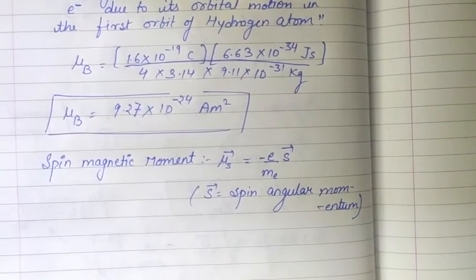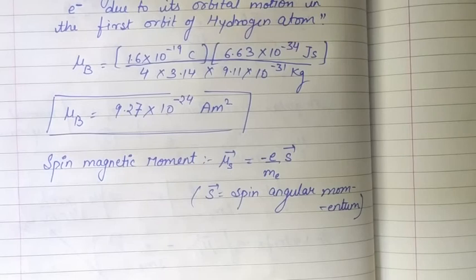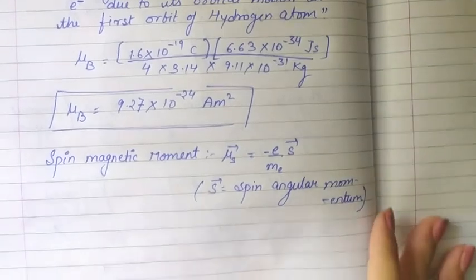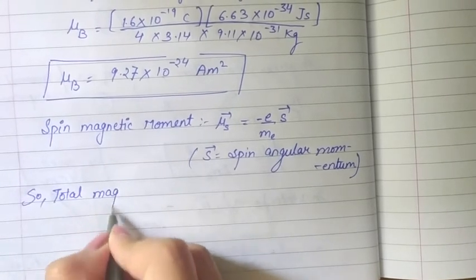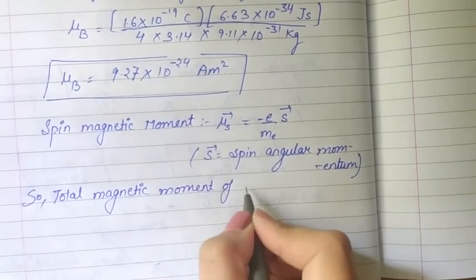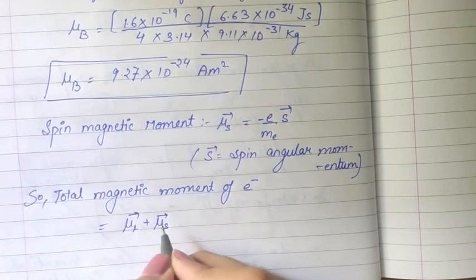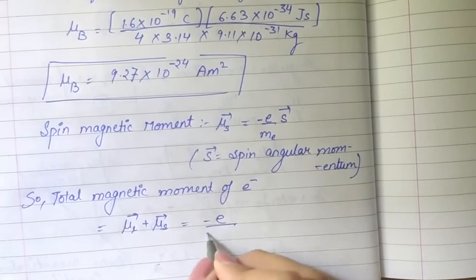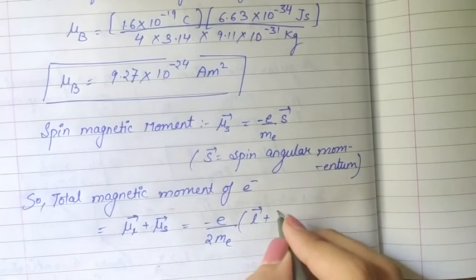If we talk about the total magnetic moment of the electron, then it is the vector sum of these two moments. That means if we add these two vectors, mu L vector and mu S vector, then we get the total magnetic moment of the electron. So the total magnetic moment of that revolving electron is equal to mu L vector plus mu S vector, and its value will be minus e upon 2 m e into L vector plus 2 S vector.